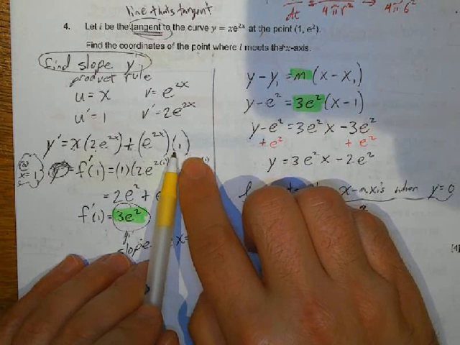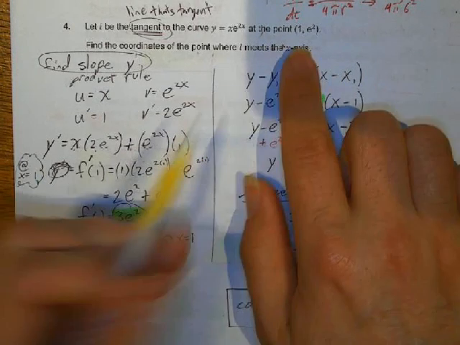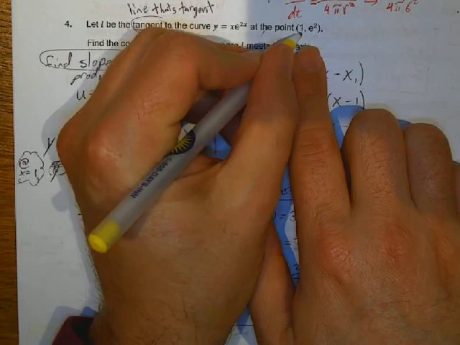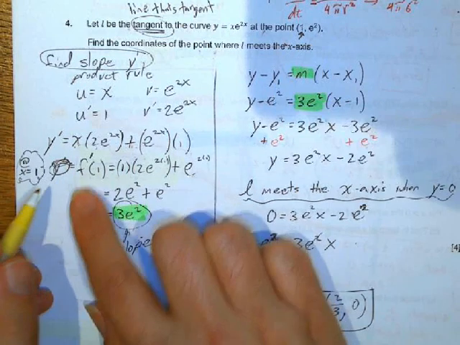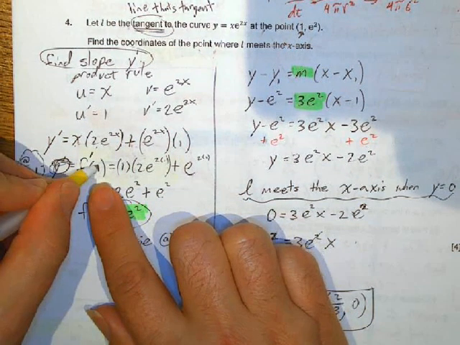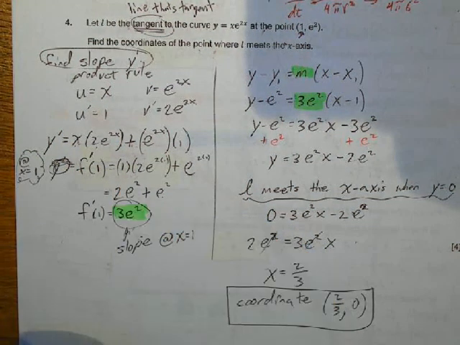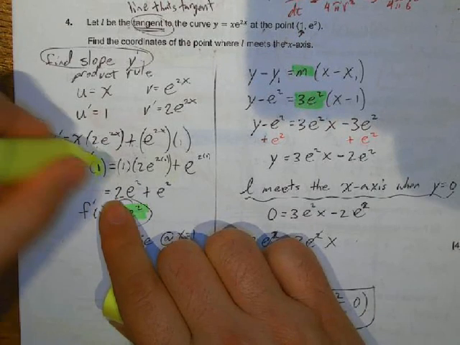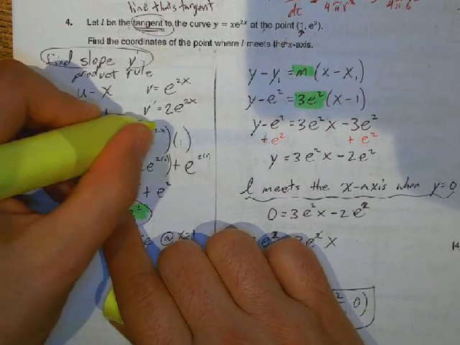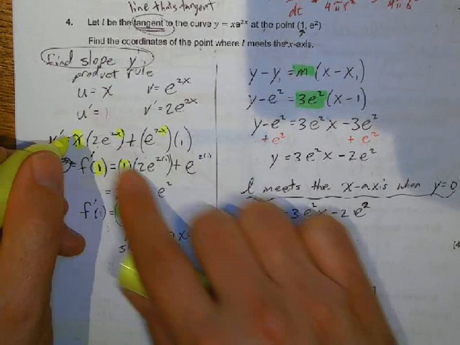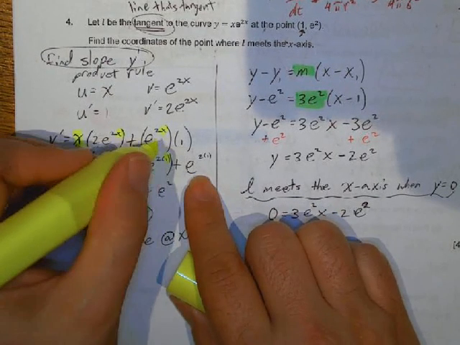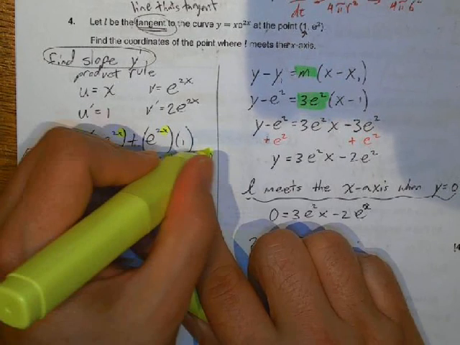And then we want to do this when x equals 1, right? So when x equals 1, we're going to plug in 1 in place of x. So if I plug in 1 in place of x here, then that becomes 1, this becomes 1, and this becomes 1.